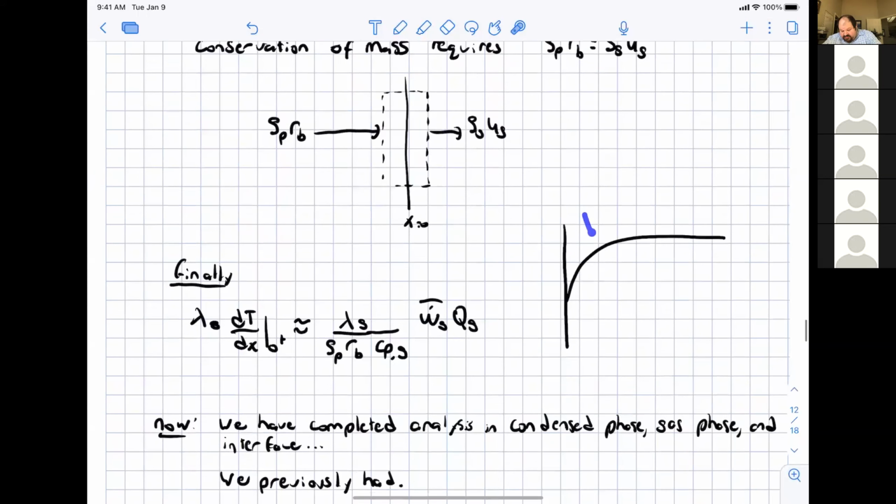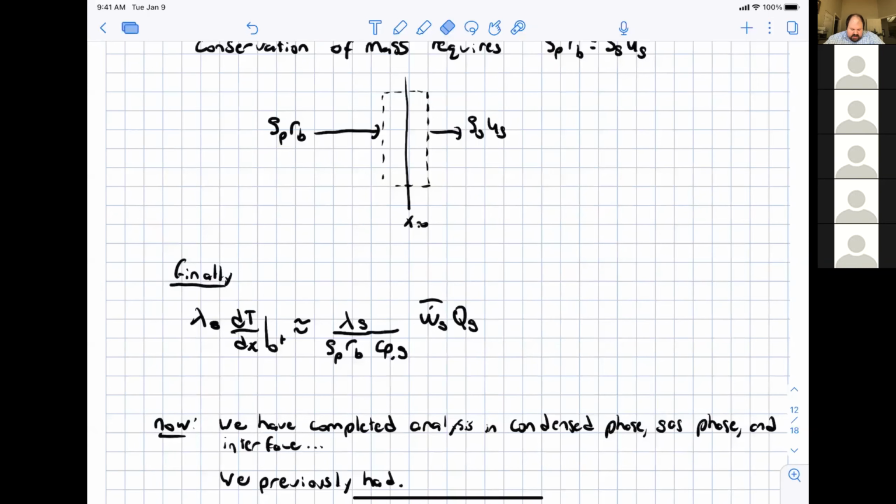I'm just saying if you integrated the master differential equation a second time, you could find the temperature as a function of distance. But that's a fairly nasty exercise, and because we made so many assumptions, a good half of them on fairly shaky grounds, I don't think it's worth going through that. You would get some temperature profile that would look something like that, and then that would be mated to the condensed phase side, and that temperature profile would look something like that.